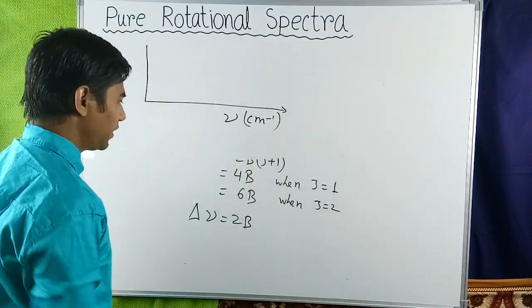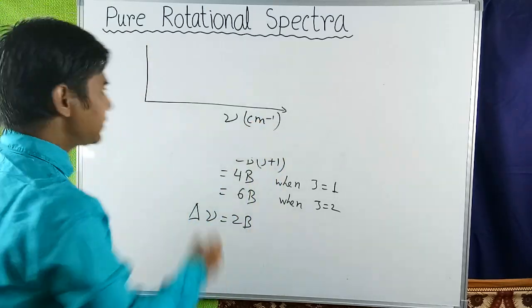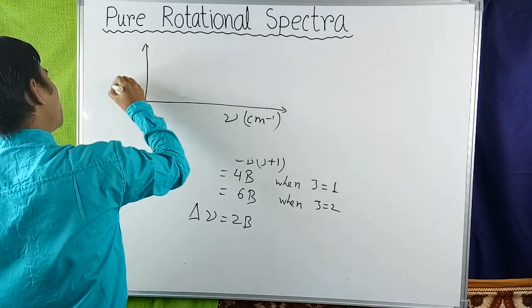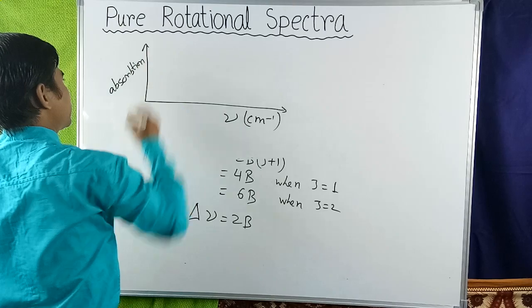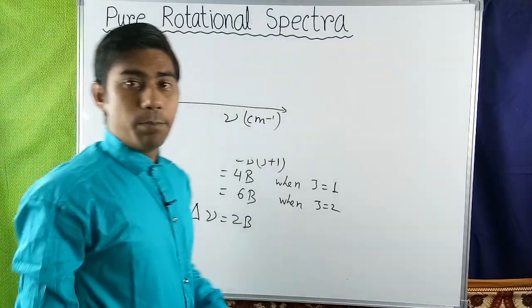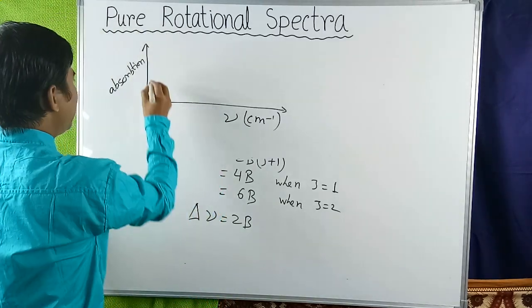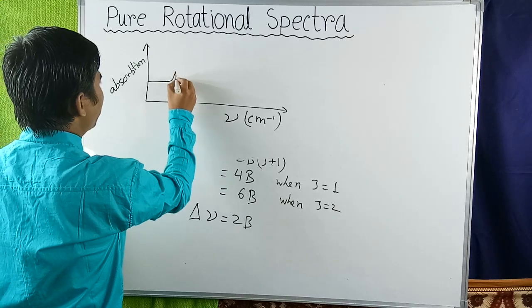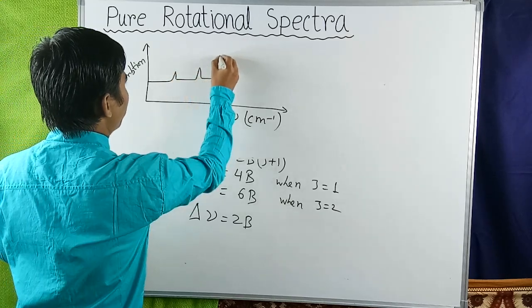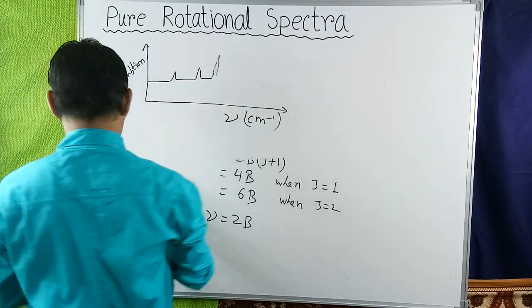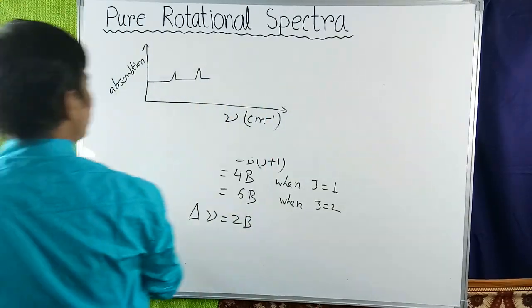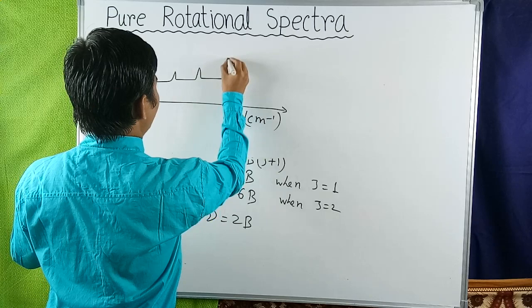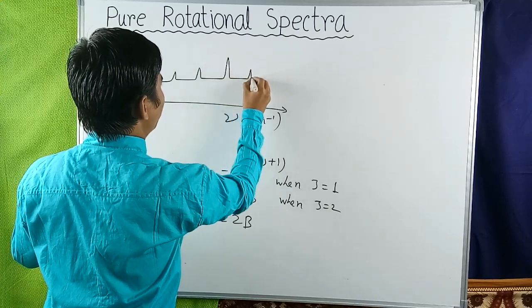And along the y axis we draw absorption. Now for the HF molecule we get this type of graph.